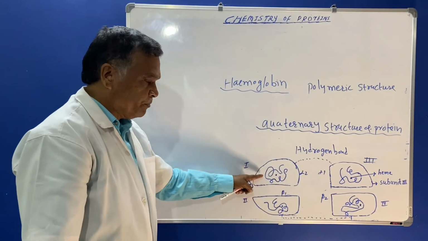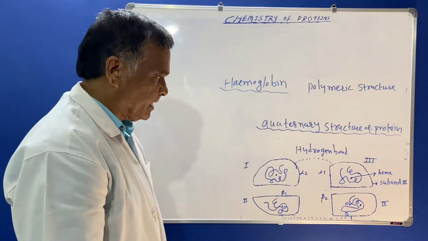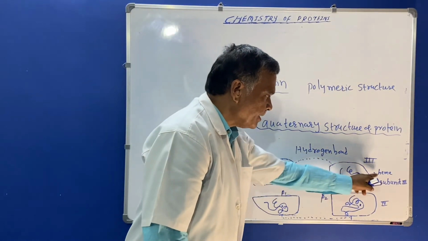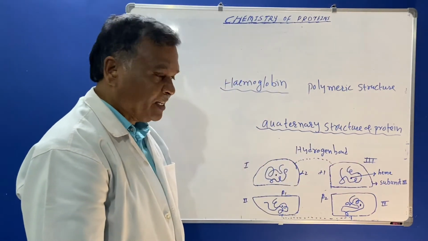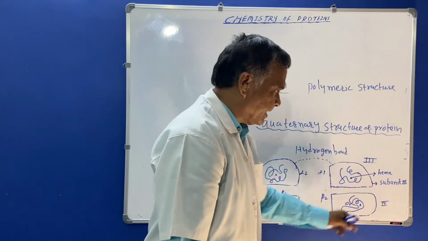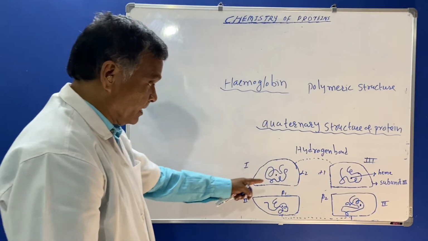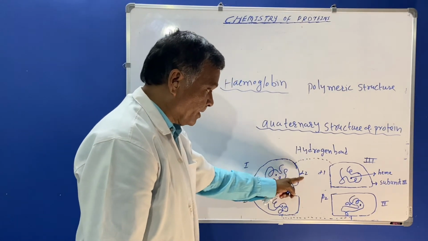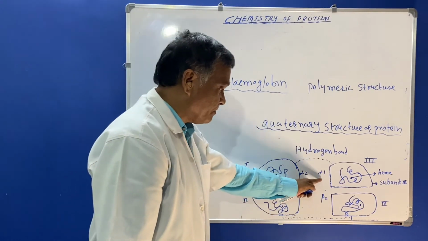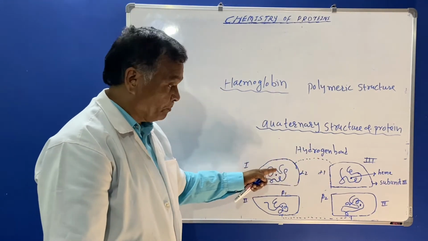So if you see the structure of hemoglobin, 4 different units are there, and in the center there is the heme molecule. If you see alpha 1 and alpha 2, it is not necessary that they should be present in the same line.